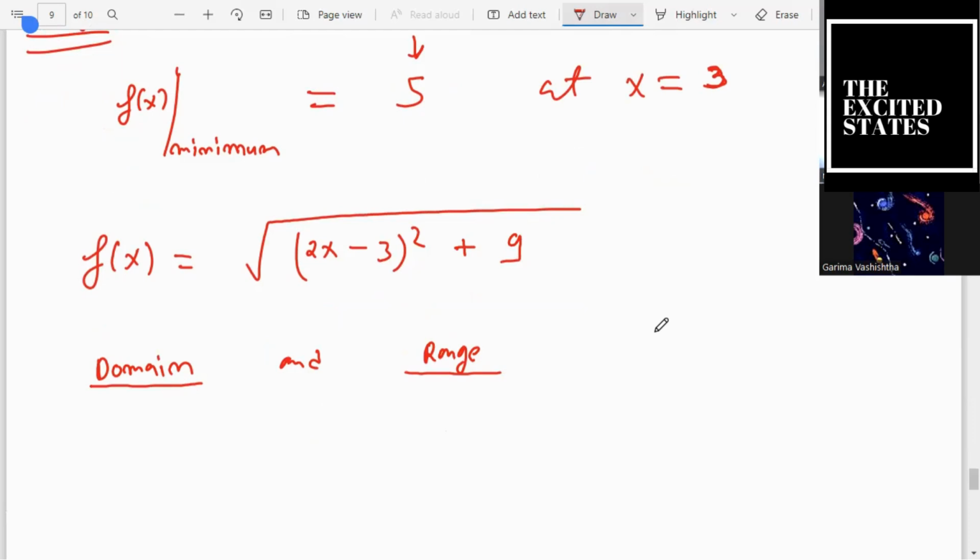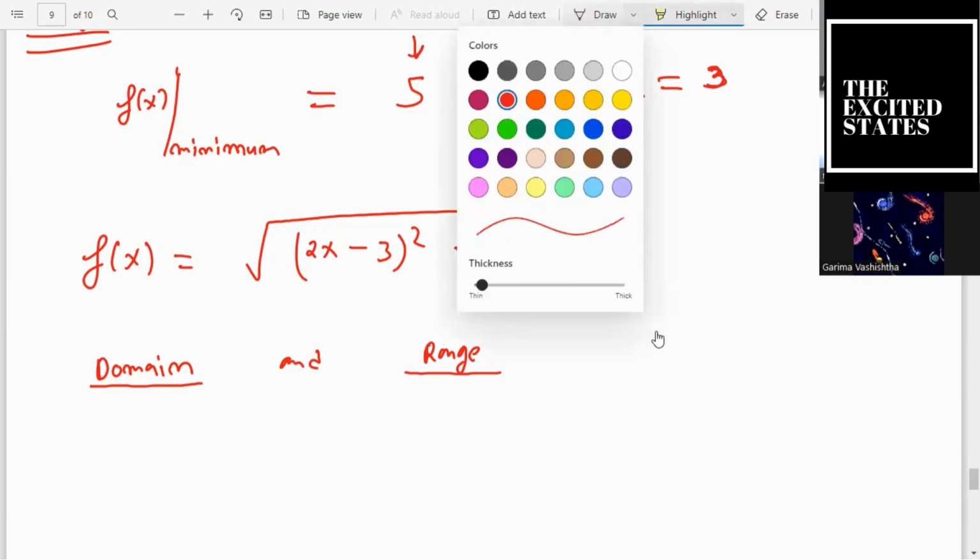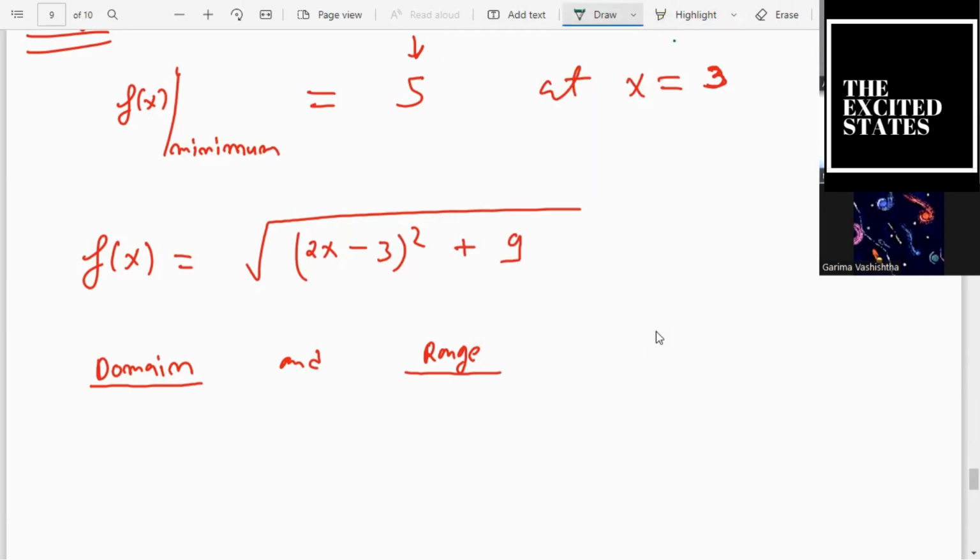Okay, why any number? Because there is no chance for the expression inside the square root to be negative, because it is already a square and it is plus 9. So that means the domain is all real numbers.